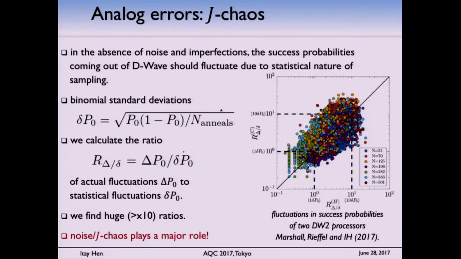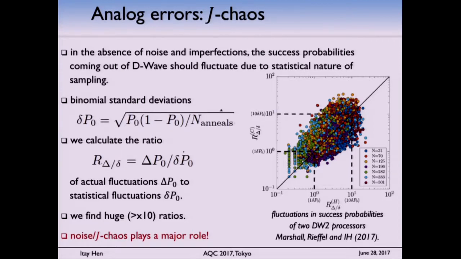Which means that J-chaos, which is what I call the chaos that comes from problem misspecification, is real. And the reason I'm calling these things chaos is not just because I like the names, but because tiny differences in the J's or in the temperature or whatever cause huge effects. They are very detrimental to the performance of real quantum annealers.